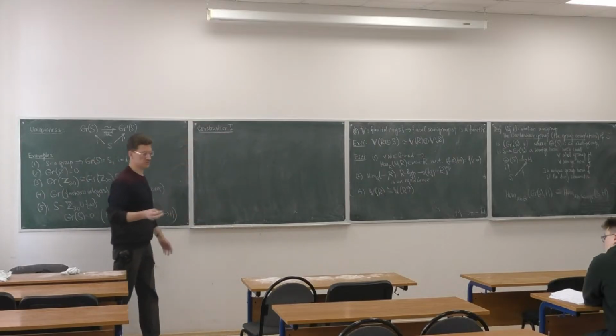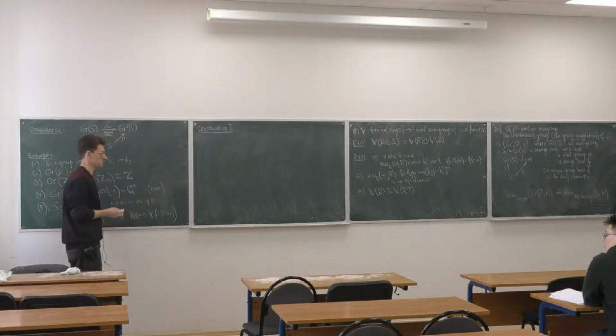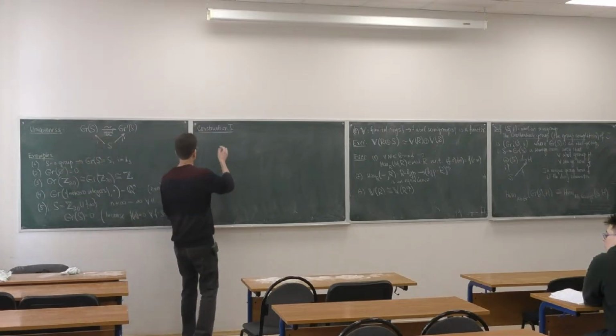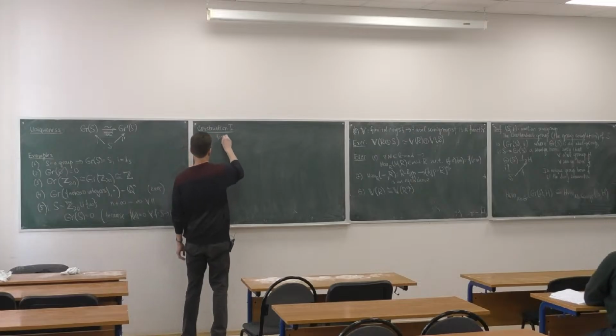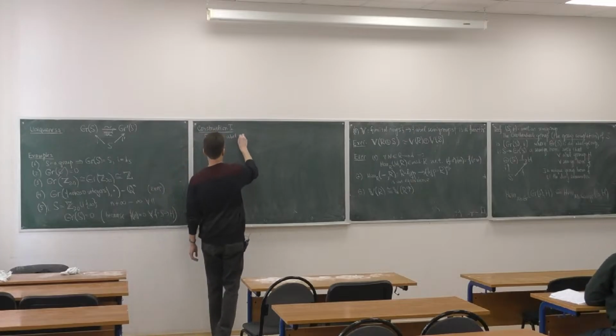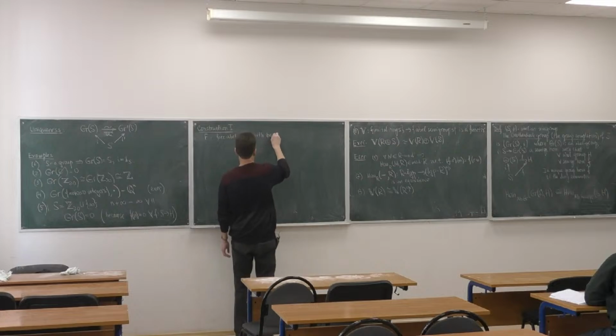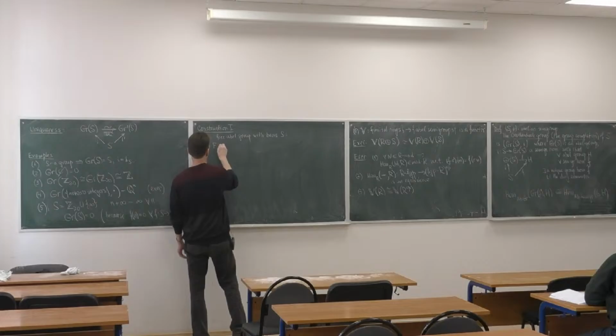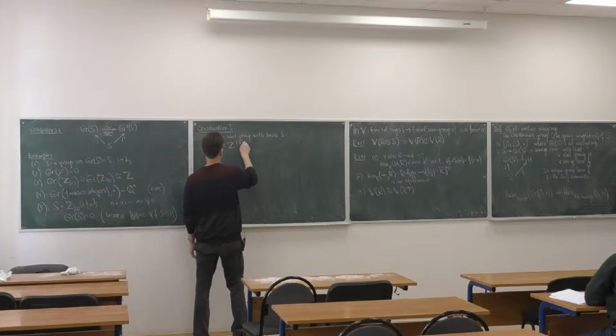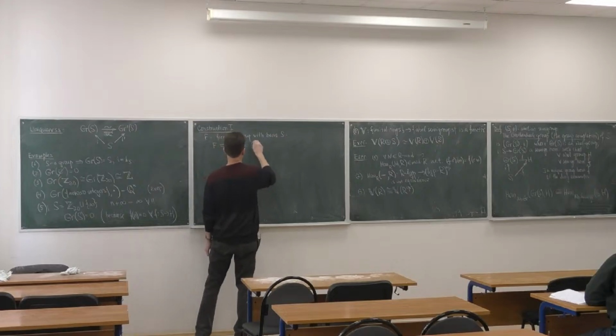Construction one involves taking a suitable quotient of a free abelian group. So let F denote the free abelian group with basis S. So it is just Z^S, the direct sum of many copies of the integers.